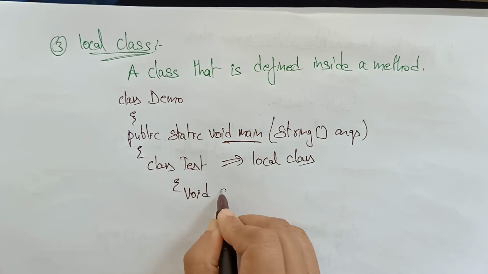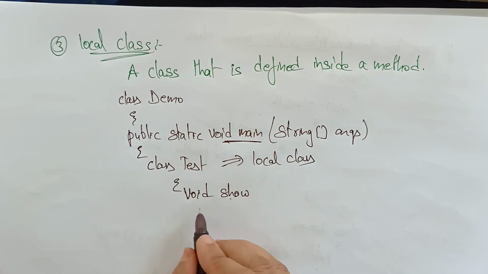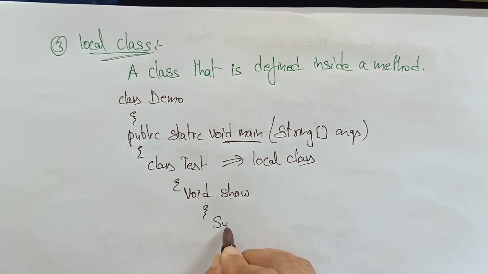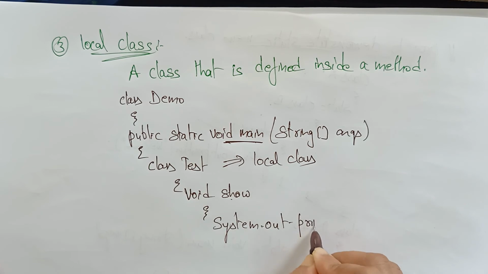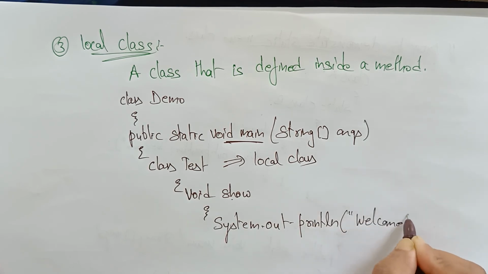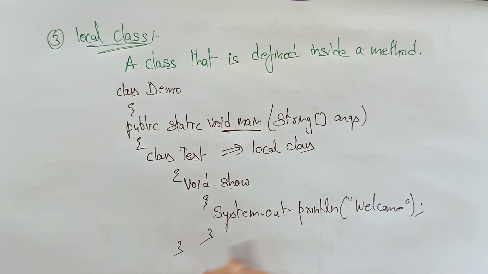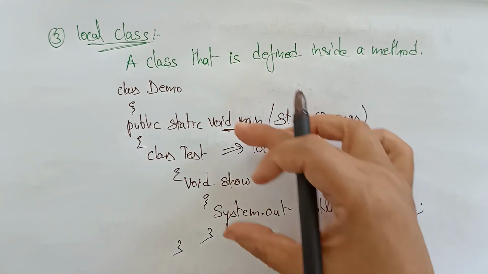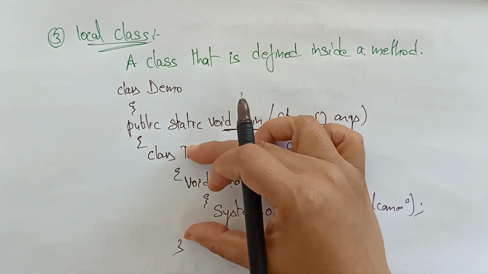So here void show. So this is a small letter, students. So void show System.out.println. Try to print the message welcome. Okay. So after that, if you want to print this message inside the main, what you have to do? You have to create an object for this, right?